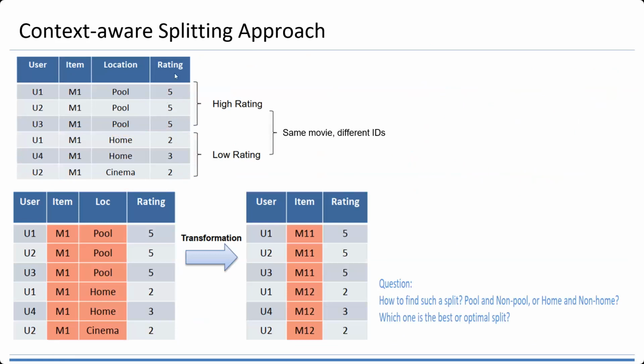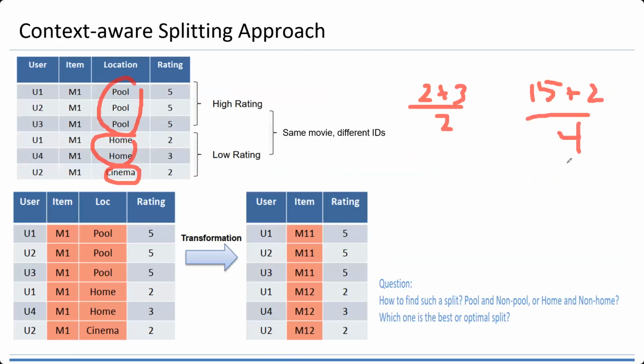We can use another way, home and non-home. So in this case, 2 plus 3 divided by 2. And then non-home is 5 multiplied by 3 is 15 plus 2 divided by 4. So the result is 4.75.